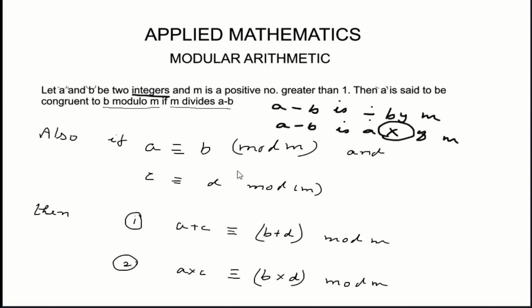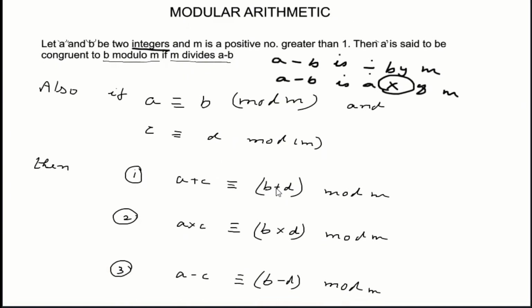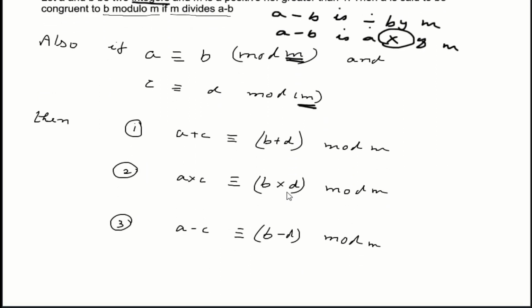Also, if a is congruent to b mod m and c is congruent to d mod m, both moduli being the same, then add the right hand side and the left hand side separately. So a plus c is congruent to b plus d mod m.